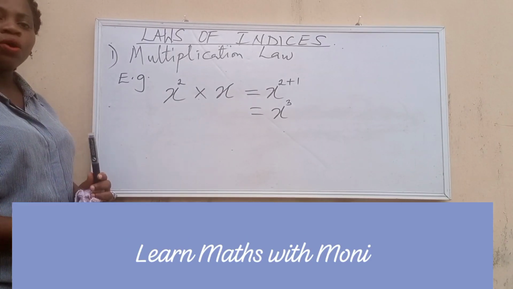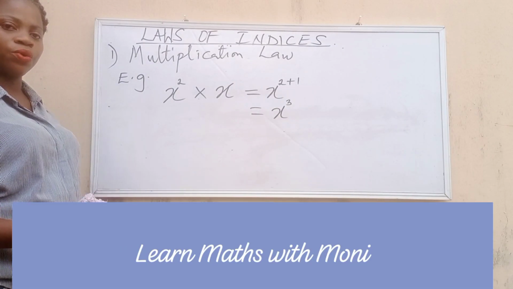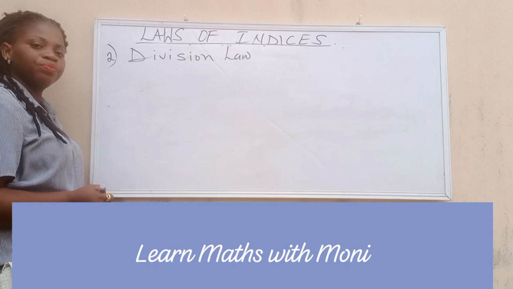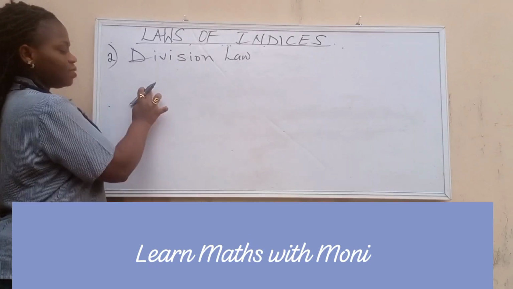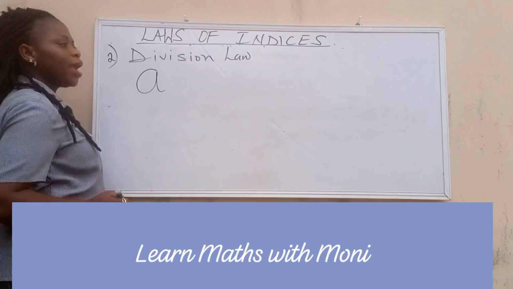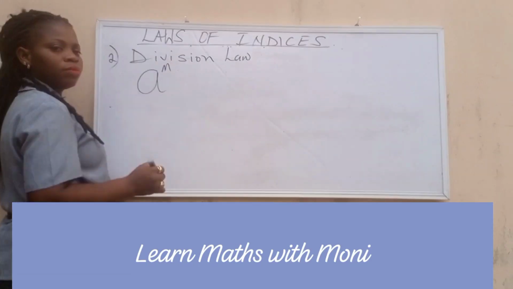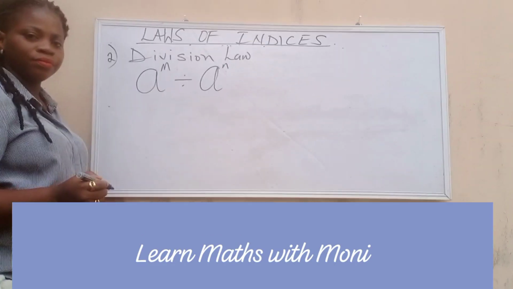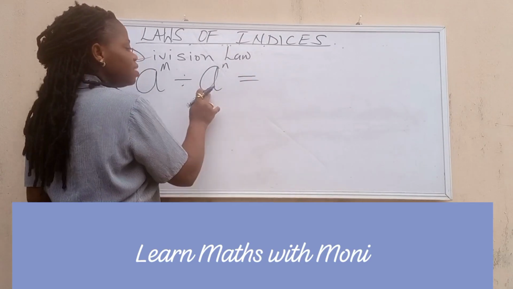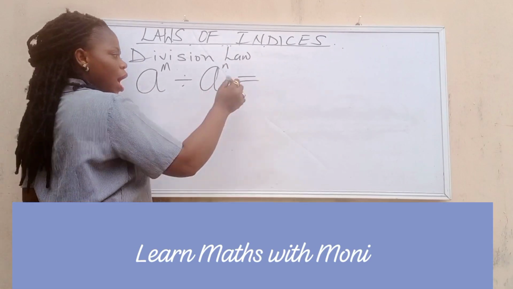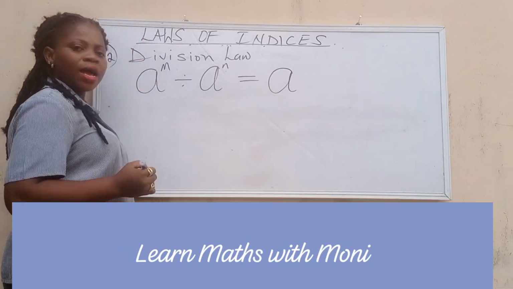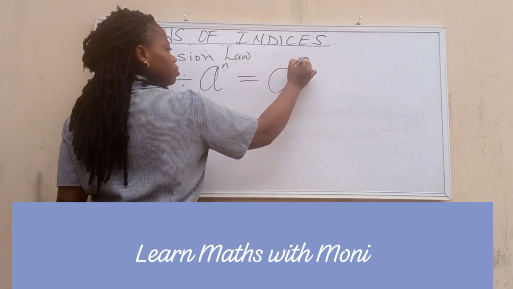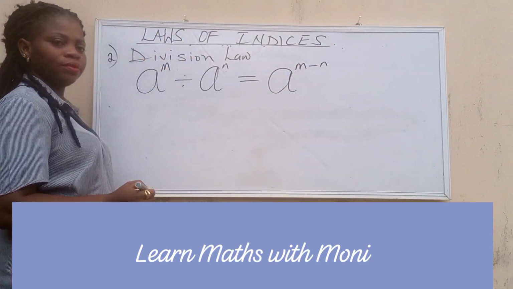Yes, we go to the second law, which is the division law. The division law of indices. The division law states that if I have a raised to power m being divided by another a raised to power n, the law says since the bases are the same, I should take one of the base and subtract the exponents, subtract the power, m minus n.